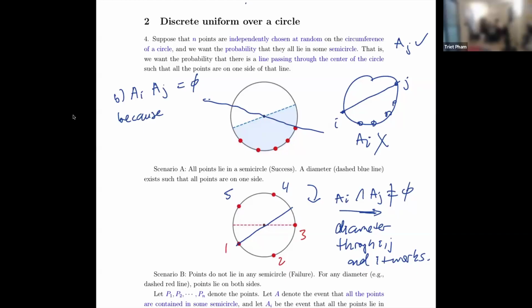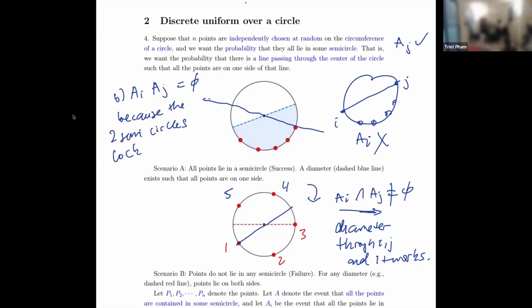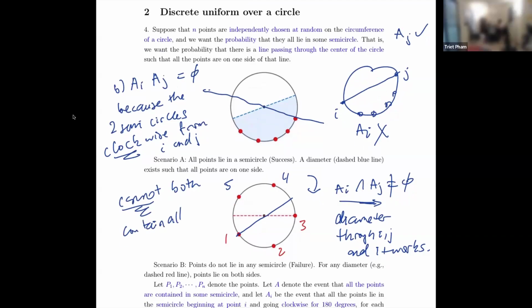If you draw the semicircle clockwise from I and the semicircle clockwise from J, the two semicircles clockwise from I and J cannot both contain all endpoints.